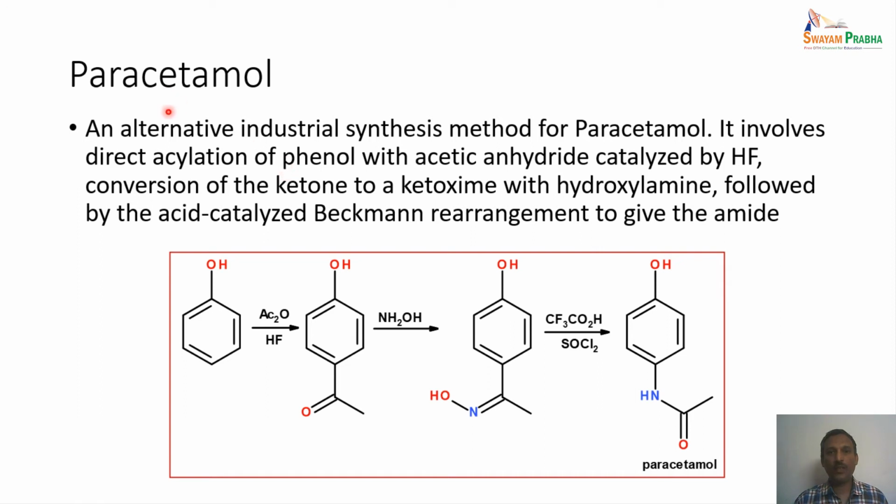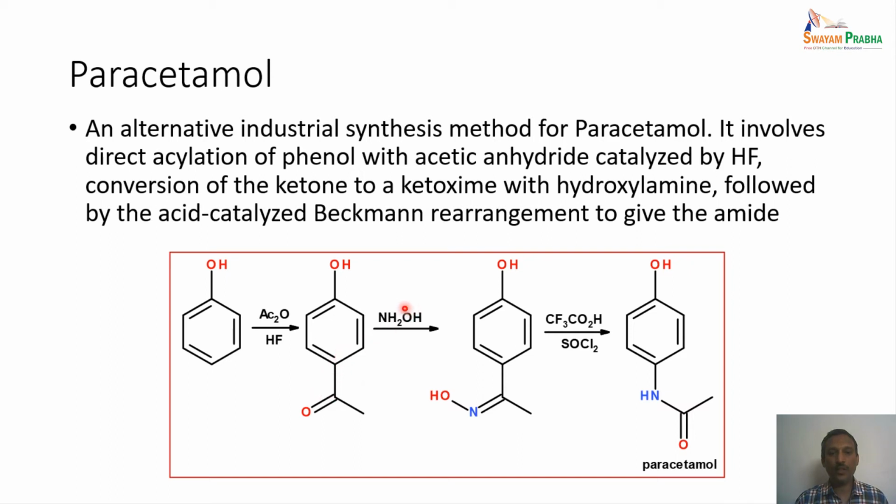Let us look at some examples of Beckmann rearrangement in drug synthesis. The first one we will look at is paracetamol synthesis. Paracetamol is synthesized from phenol. So yes, this is an industrially important process. In this method, the first step is the acetylation of the phenol, which gives the para substituted acetyl derivative.